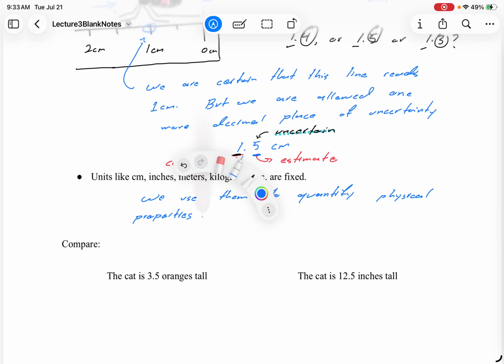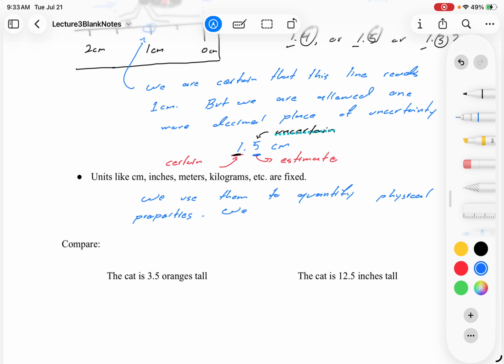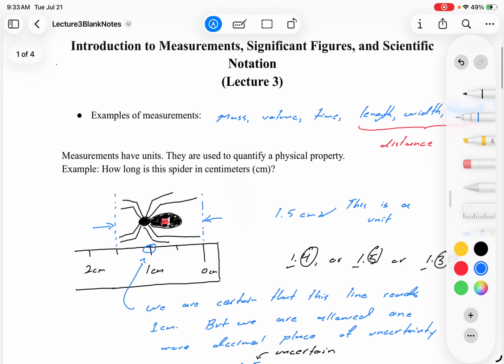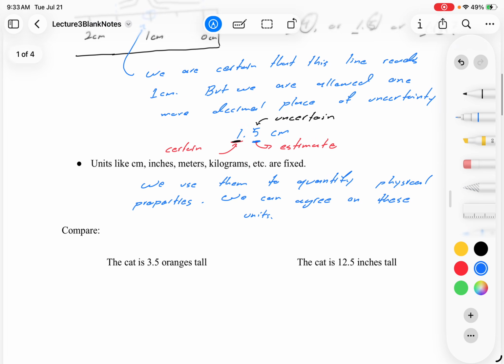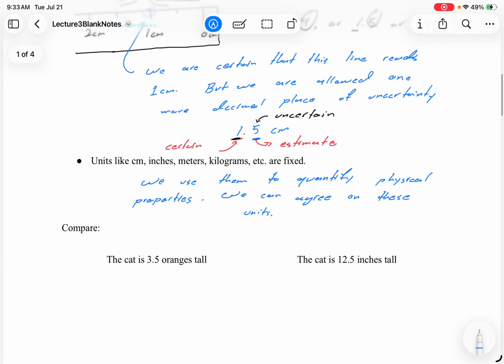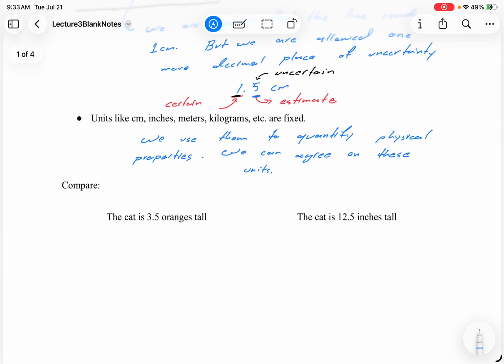And we can agree on these units. We'll see more about this stuff in calculations and whatnot. So yeah, we can agree on these units. So let us move on.